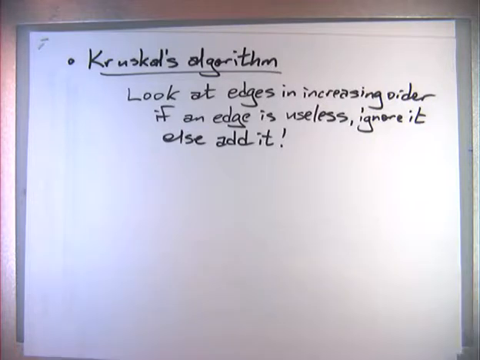Now, making this actually work quickly requires a little bit more effort, because I need a data structure that will allow me to tell quickly, given two vertices, whether they are in the same component of F. In 225, did you see disjoint set data structures, union find, path compression, that sort of thing? That's exactly where you would use that.